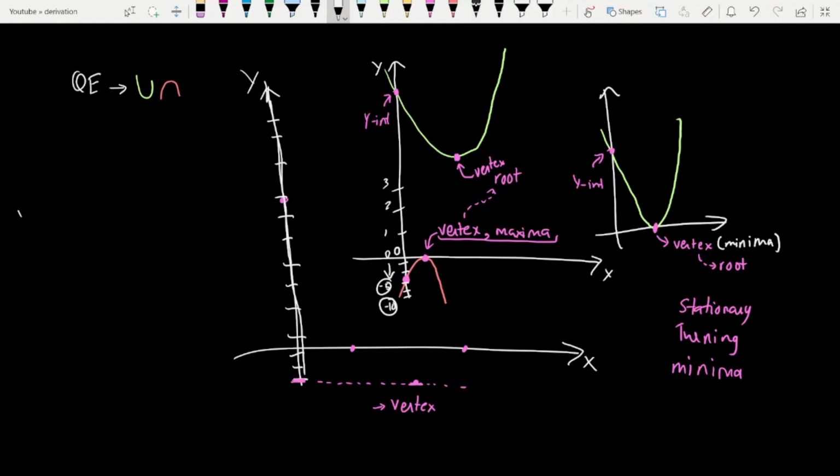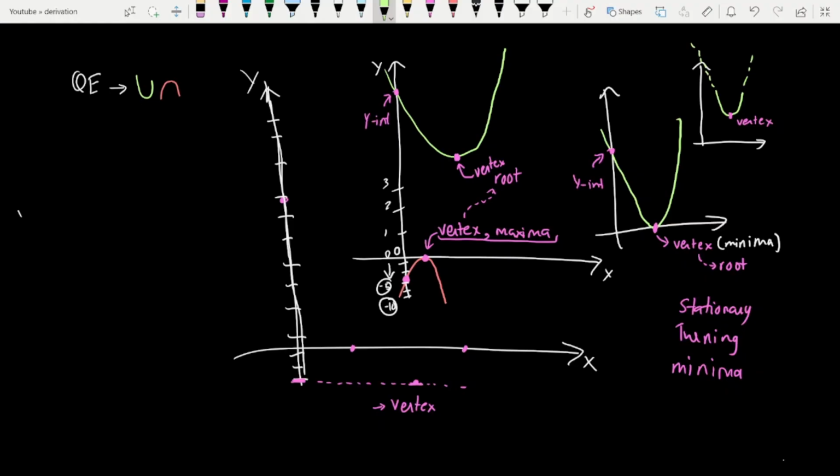Now let me just clear it out. Sometimes you may see something like this, where you have a smiley face, and you can be like, oh well, I only see a vertex. Clearly, this smiley face does not have roots, or y-intercepts. But that is not true, because I only drew part of this smiley face, right? This smiley face is going to keep on going till infinity.